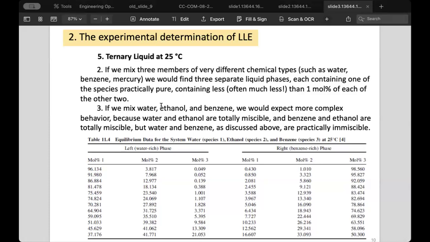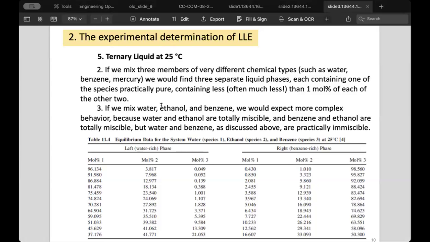If we have a binary mixture of water and benzene, water and benzene are practically insoluble, immiscible, but water and ethanol is totally miscible. What about benzene and ethanol? What do you think? Benzene and ethanol is totally miscible.